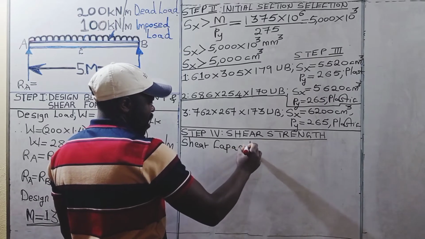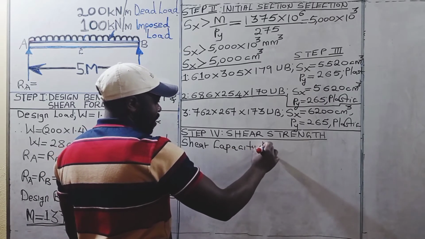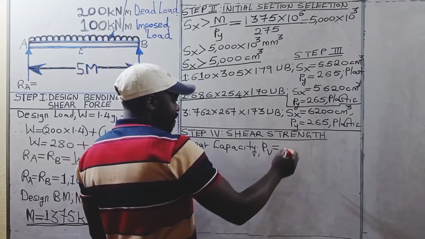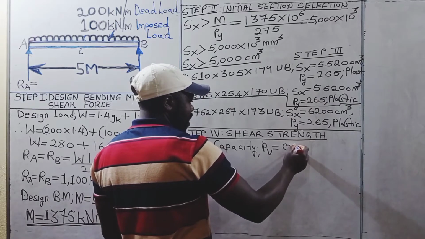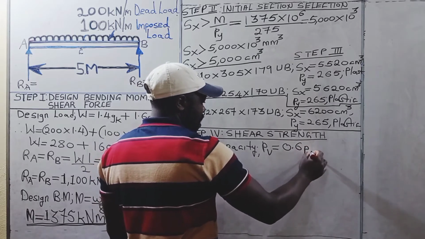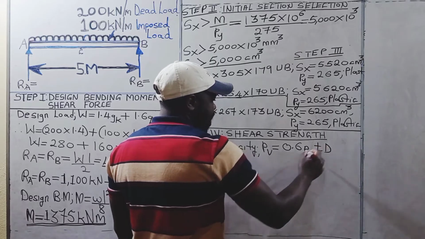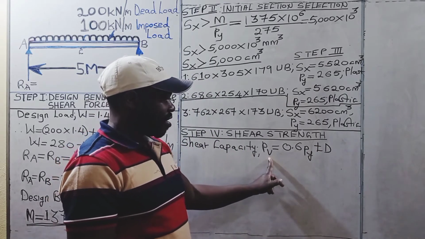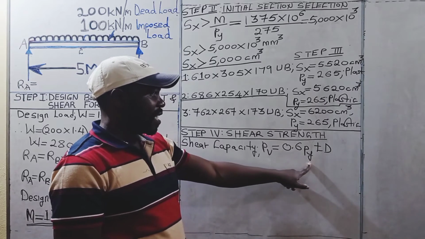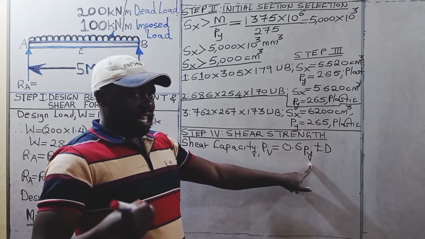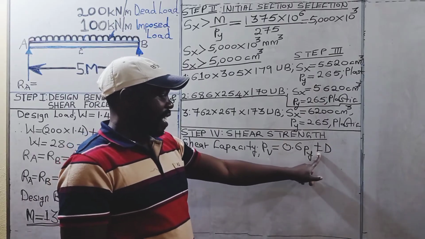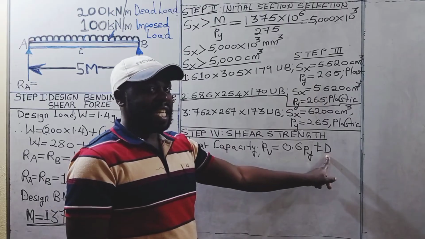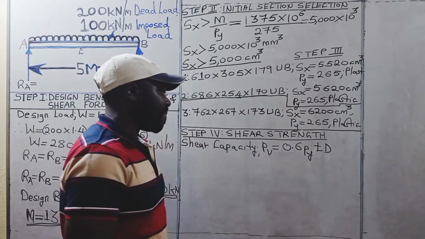Therefore, shear capacity, that is PV, is usually given by 0.6 PY T D, whereby PV is the shear capacity of the section, PY is the design strength of steel, T is the thickness of the web, and D is the depth of the section.